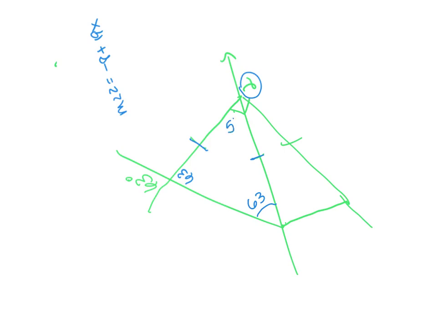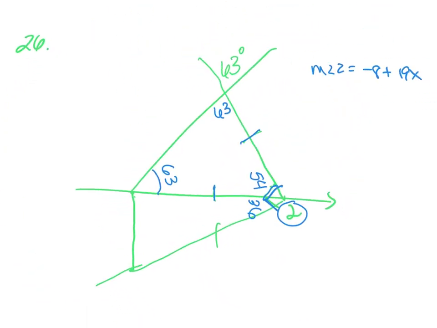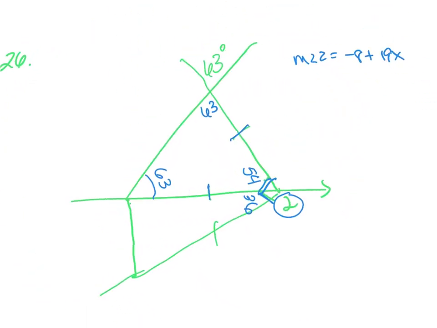Is that 54? Well, I also know that these two add up to 90 because it's a right triangle. So this is 36. Now we take 36 away from 180. We don't really have to find the rest because angle 2 is right here, and it with 36 adds up to 180.